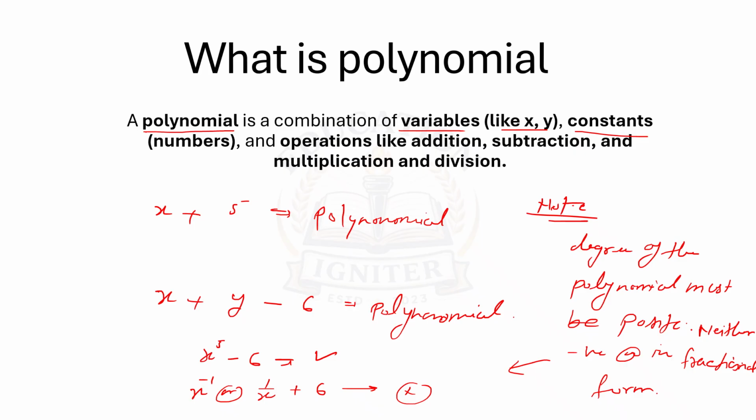If I'm saying root x plus 7, is it a polynomial? We can say no, because here the maximum power of x is 1 by 2, so this is a fractional form, so this is also not a polynomial.